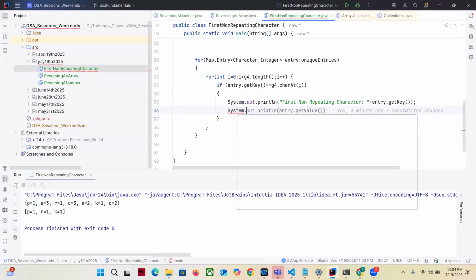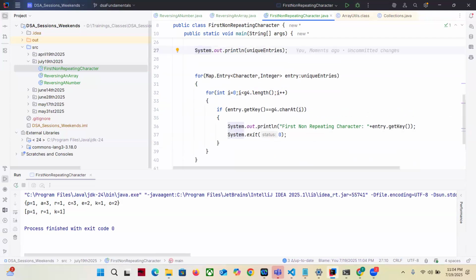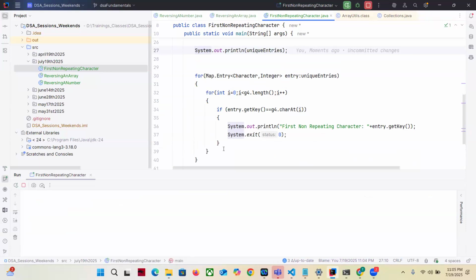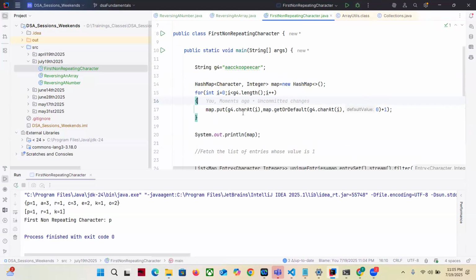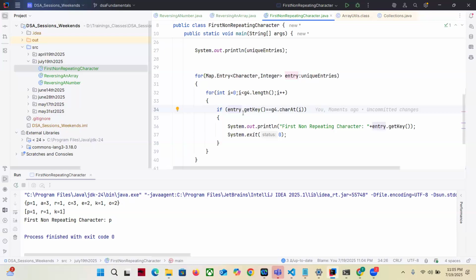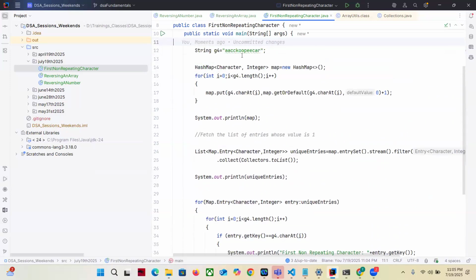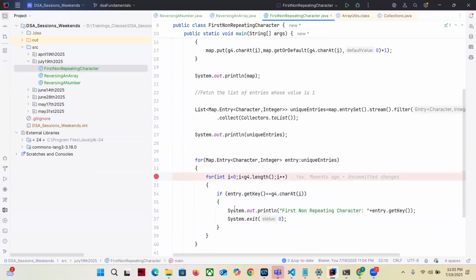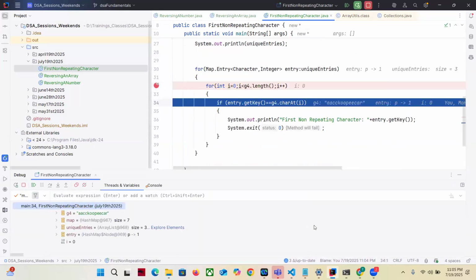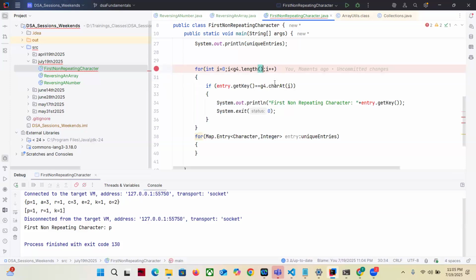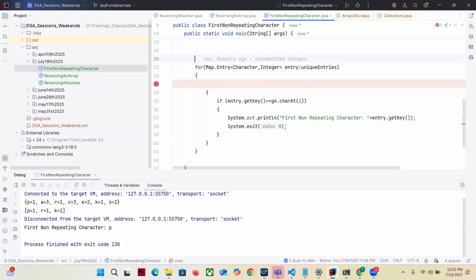Then I will terminate the program. The first non-repeating character should be K. My bad, I have to reverse the loops. Then only it will work out fine.